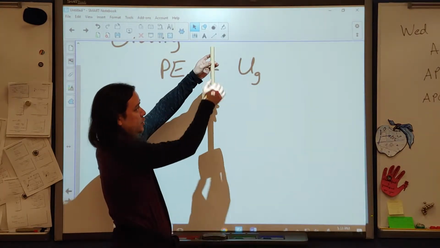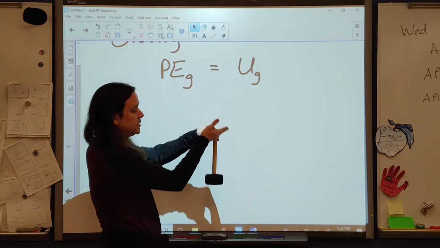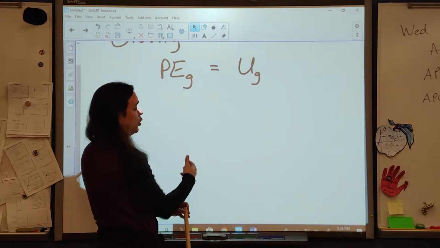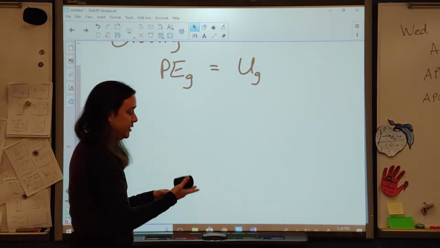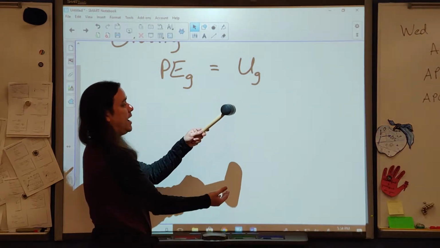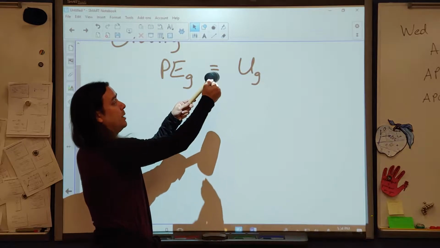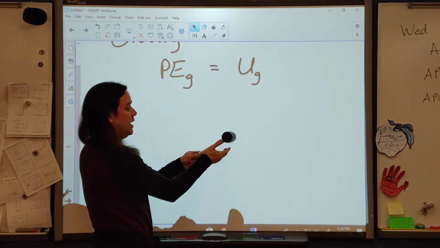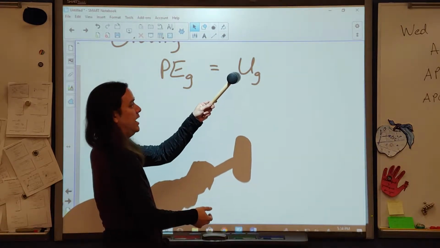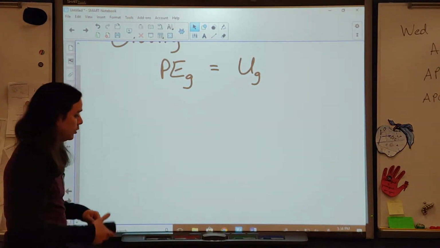It's got a lot of potential energy right now, and I let go of it, and it would begin to fall, releasing that potential energy and putting it into kinetic energy. By the same token, I can take something, give it a lot of kinetic energy, and toss it up in the air, and as it goes higher, it gains gravitational potential energy by losing kinetic energy, and it slows down, and stops. Then it comes back down, because that's how gravity works.